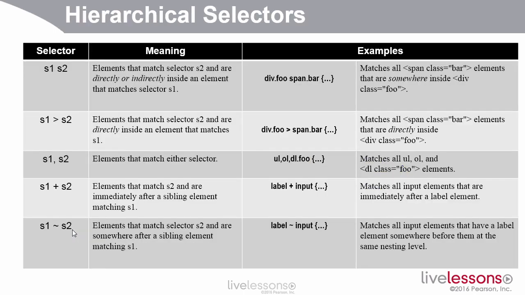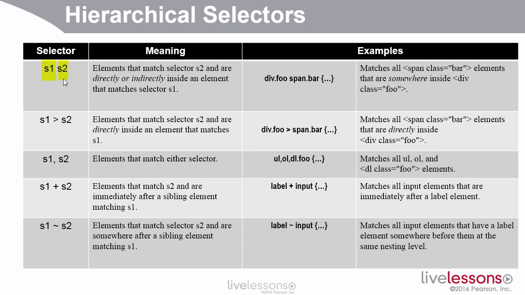Typically, you then look at nesting. And by far the most common nesting approach is a space. So in my little reference tables, when I say S1, S2, I mean some other pattern that we described earlier. The idea is if you take any CSS pattern and you put a space and you put another CSS pattern, it applies to the second pattern, but only if the second pattern is inside something that matches the first pattern.